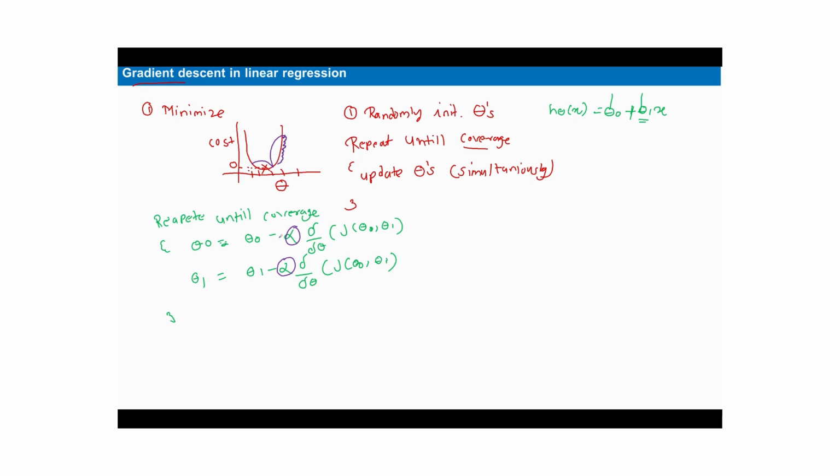A reasonable choice of alpha is 0.001, 0.0001, or 0.01. That is the kind of reasonable choice of alpha.